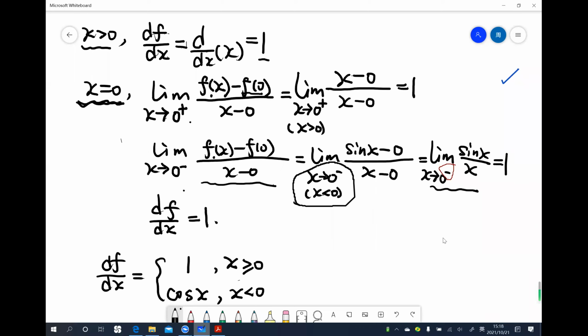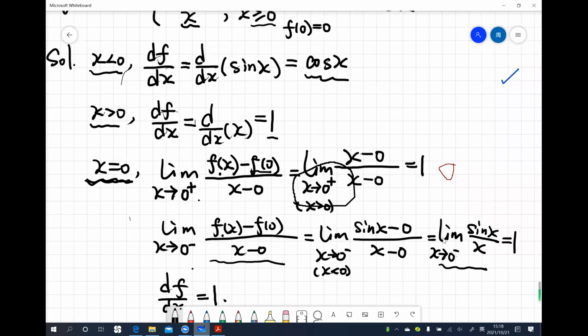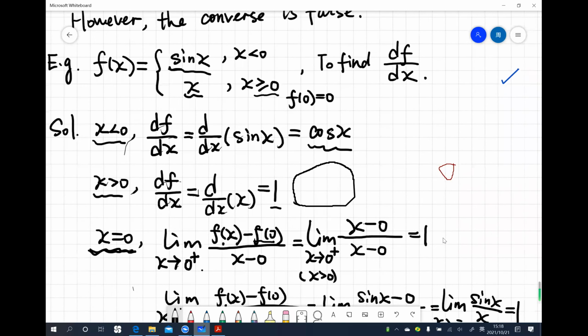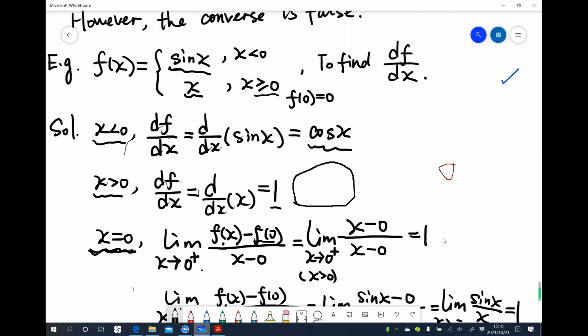That is what I'm trying to imply. Because if x is larger than 0, fx equals to x. If x is 0, fx equals to sine x. They are different functions.